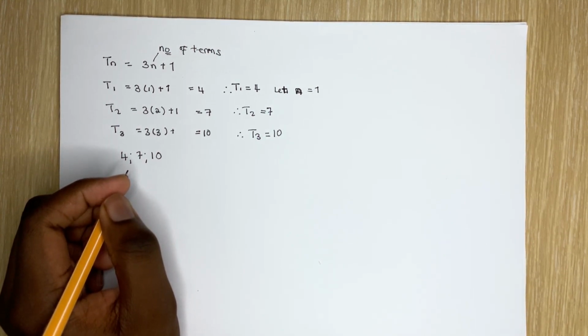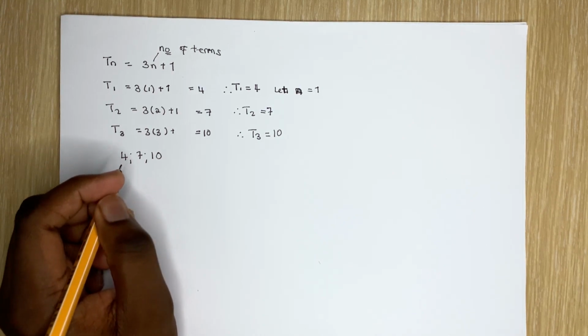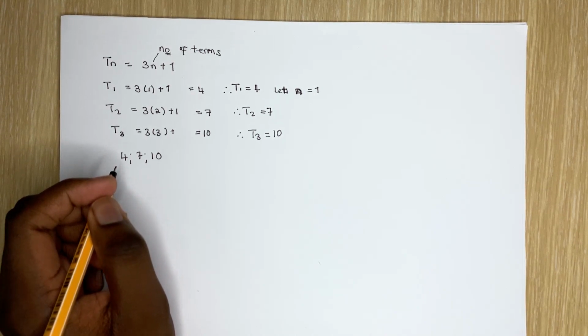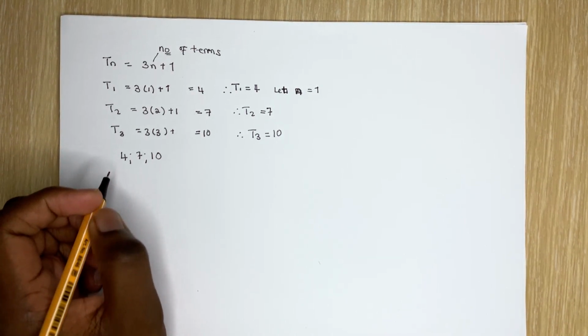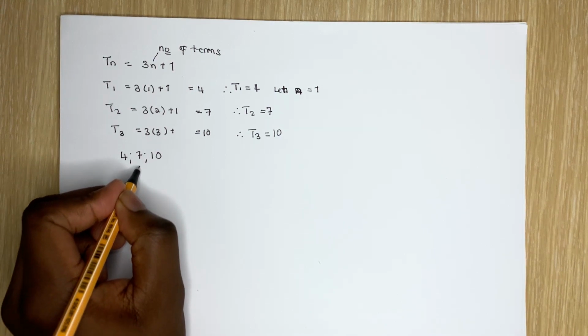As you already know, the constant difference between 2 consecutive terms of an arithmetic sequence is supposed to be common. So we can just check that by subtracting 2 consecutive terms in our sequence.